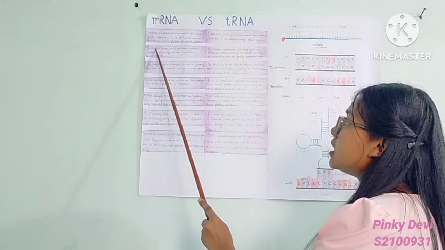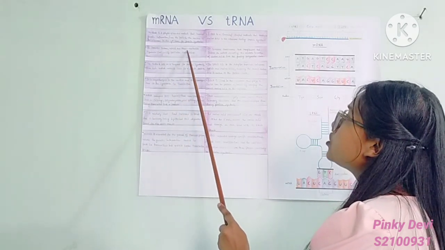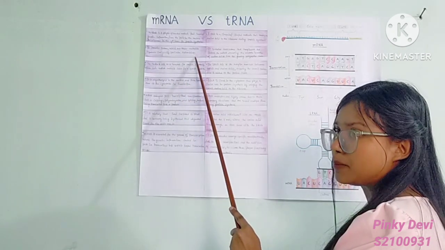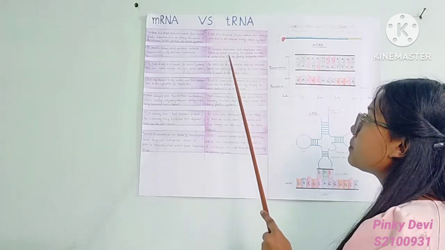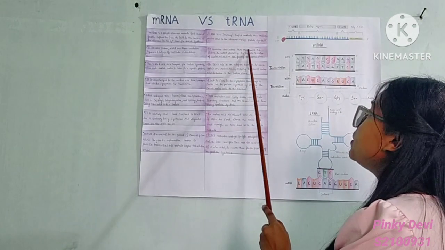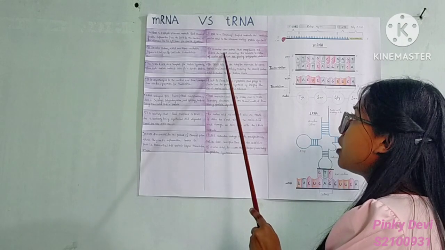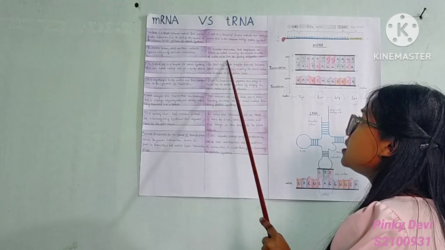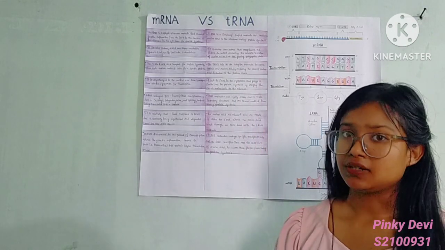Second, mRNA contains codons, which are 3 nucleotide sequences that specify a particular amino acid. And tRNA contains anticodons that complement the codons on mRNA, ensuring the accurate insertion of amino acid into the growing polypeptide chain.